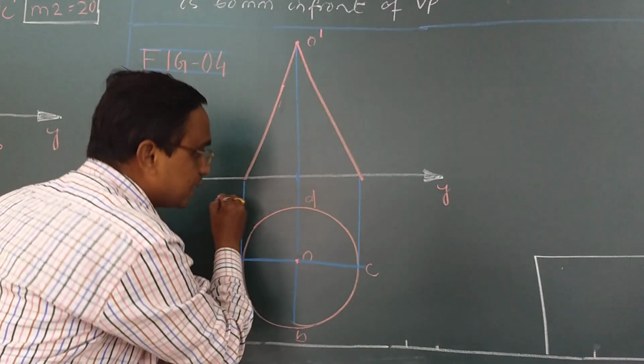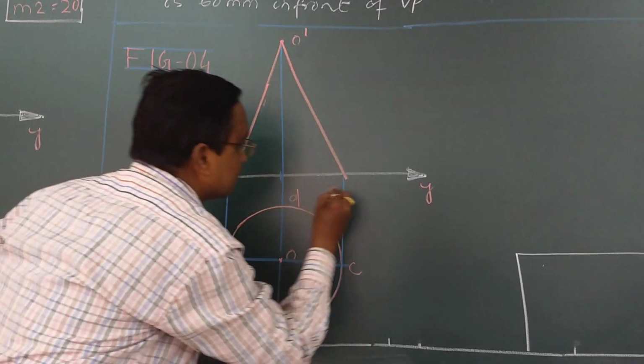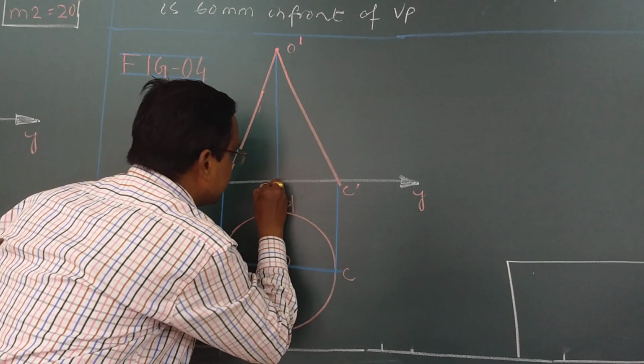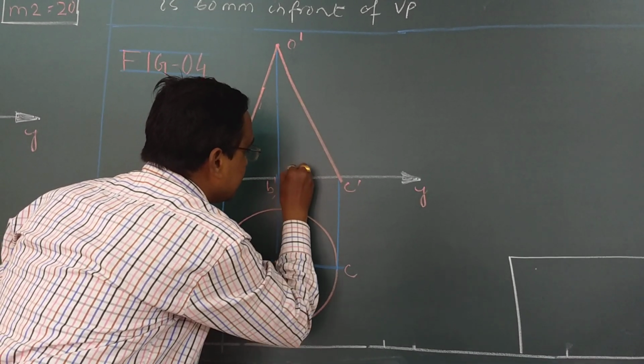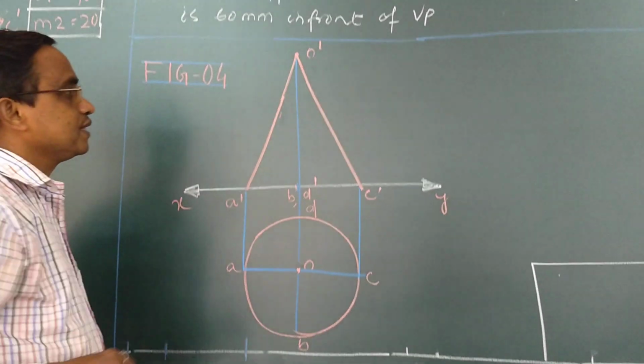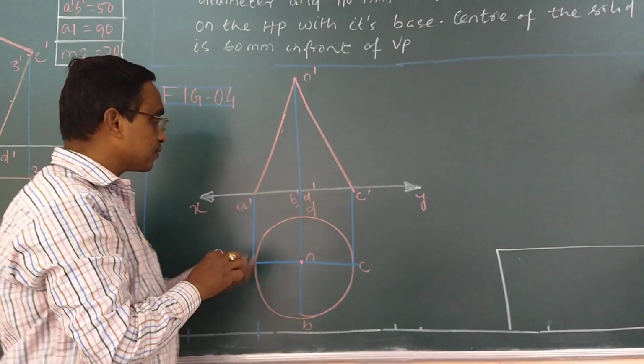This is your A dash, this is your C dash, this is B dash, comma D dash, and this is the point D. This is all about your front view.